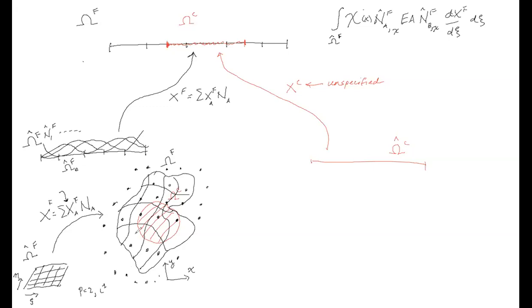Okay, so these are the x's. Maybe this is x1^f here, and then x2^f, and so on, right? So you take these points, so this is R2, right?